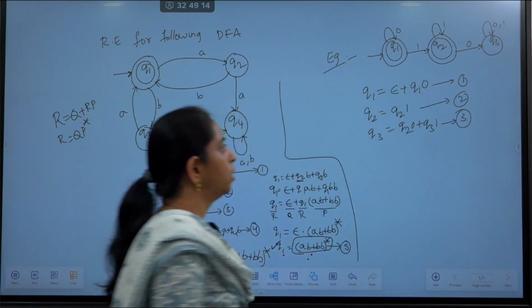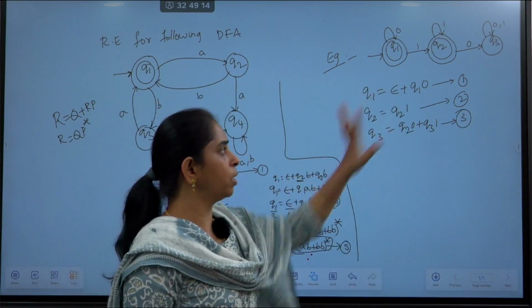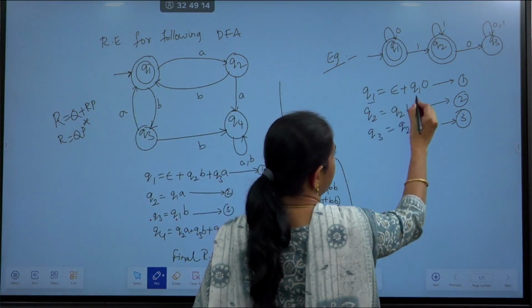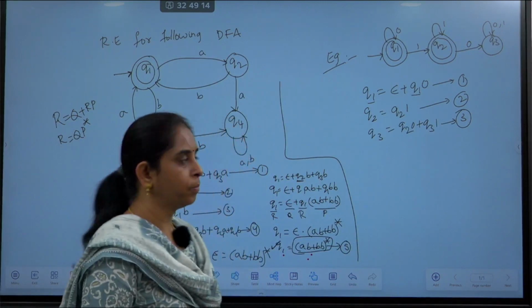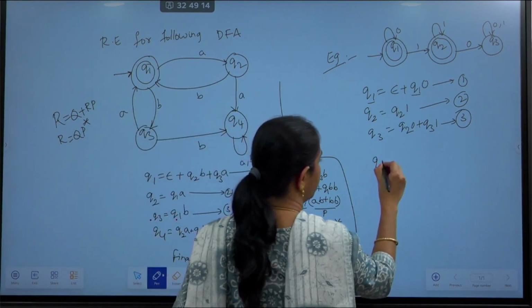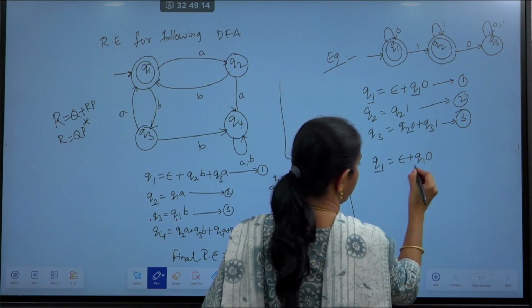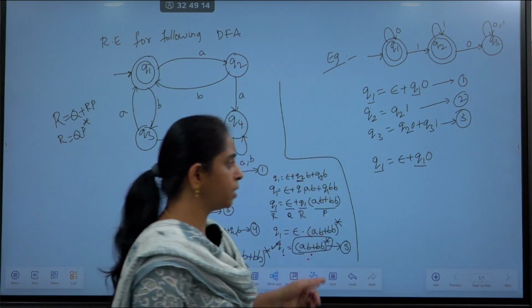Now, if we observe, Q1 and Q2 are the final states. Let's take the first equation, Q1 equals epsilon plus Q1 0. Here we have Q1 on the LHS and Q1 on the RHS.